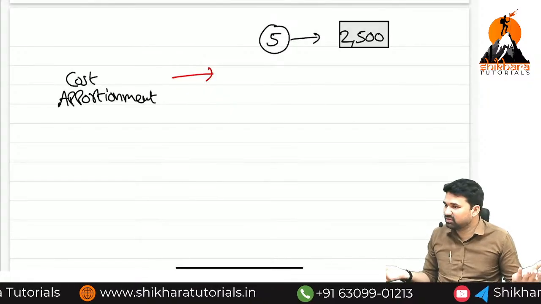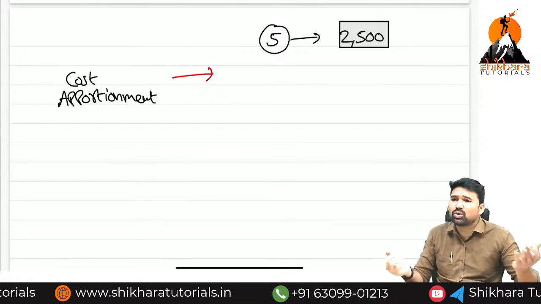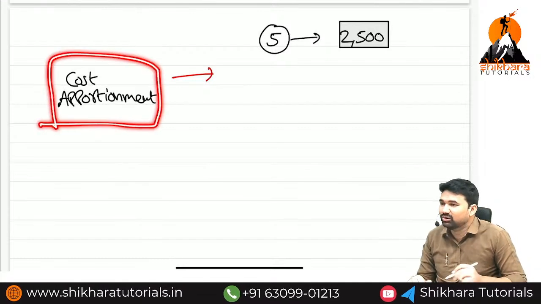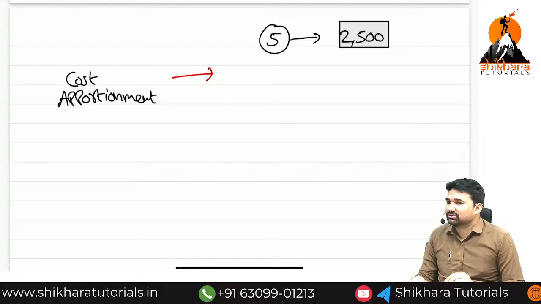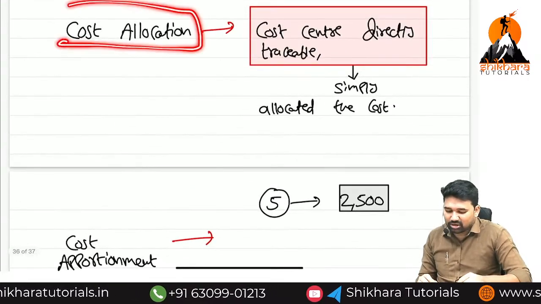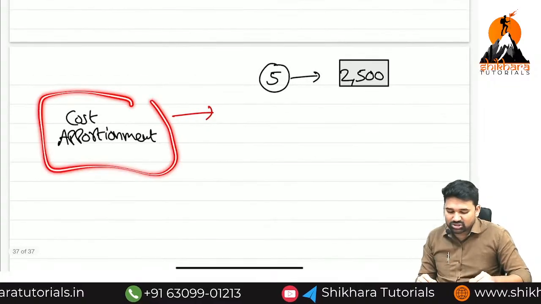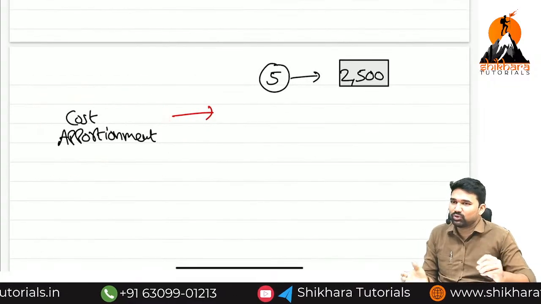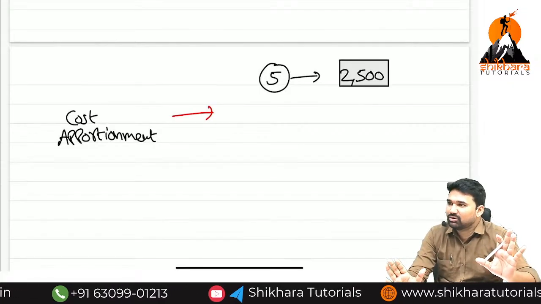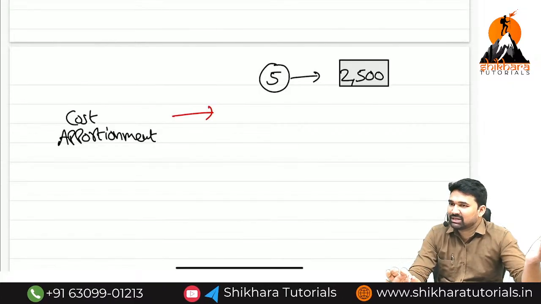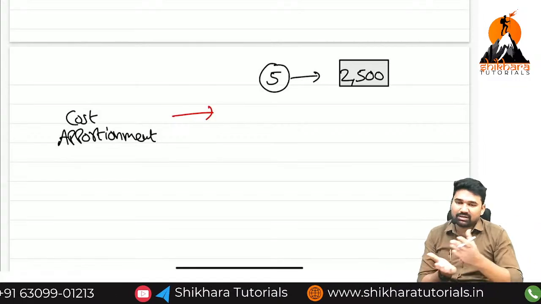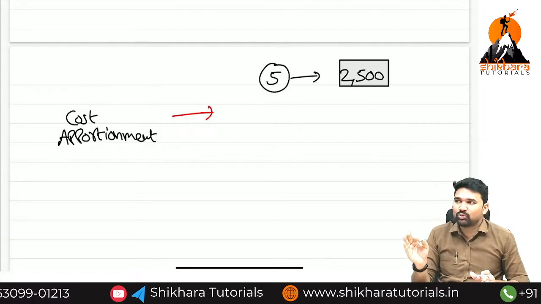We don't have information, we don't know how to allocate the cost. So now we have to follow the cost apportionment rule. In both cases, cost allocation and cost apportionment, you are going to distribute the cost only. You are not going to do anything other than the division.